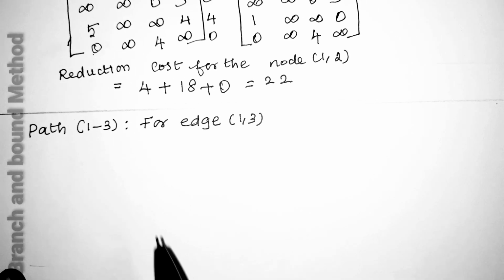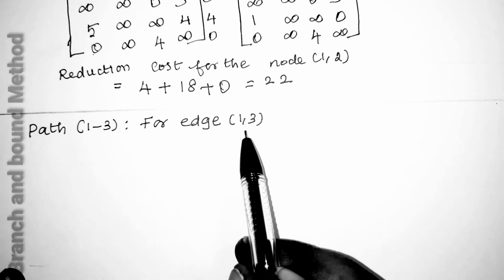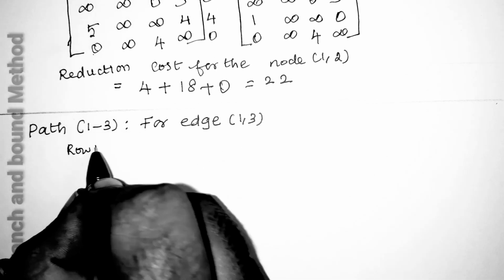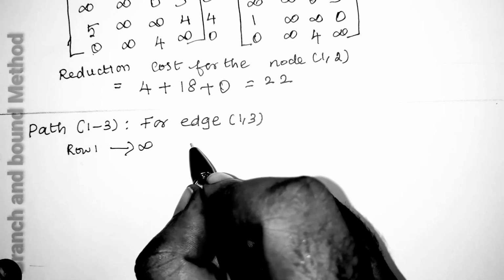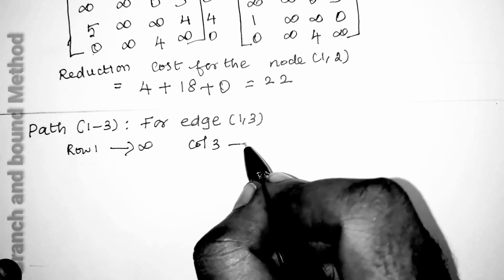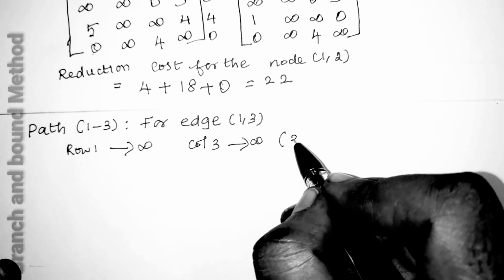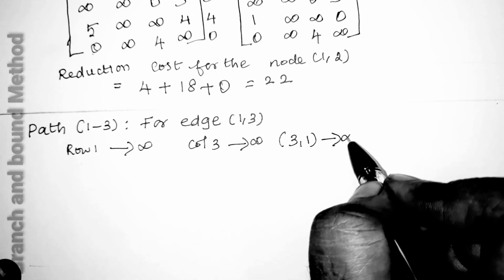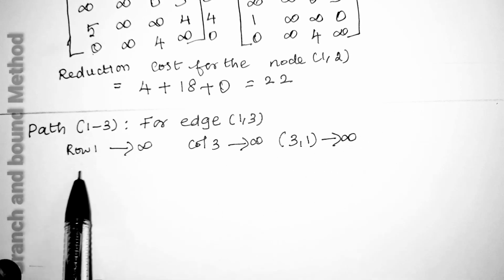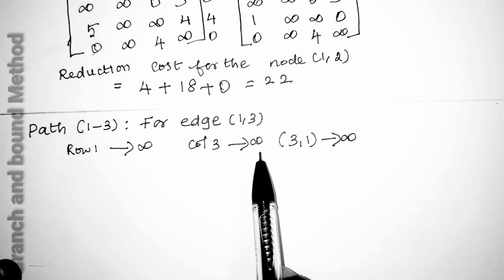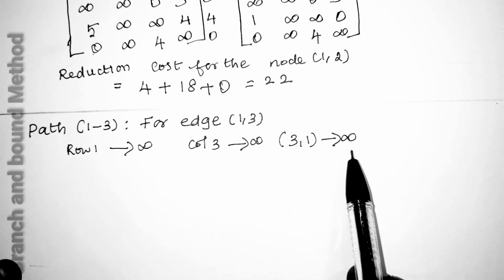Next we have to find the reduction cost for node 3. For the path 1, 3, row 1 is infinity, column 3 is infinity, and entry 3, 1 is infinity.